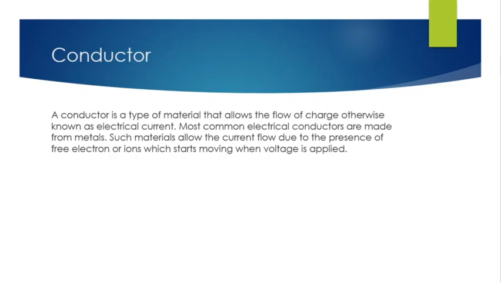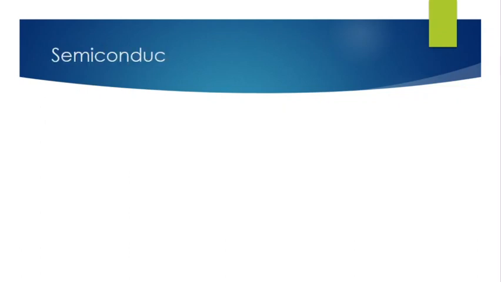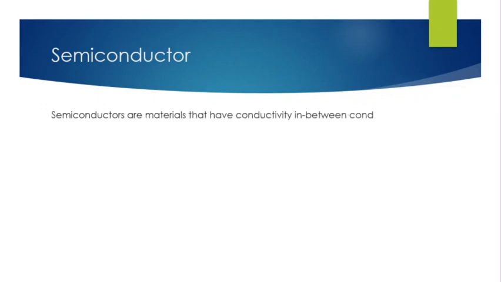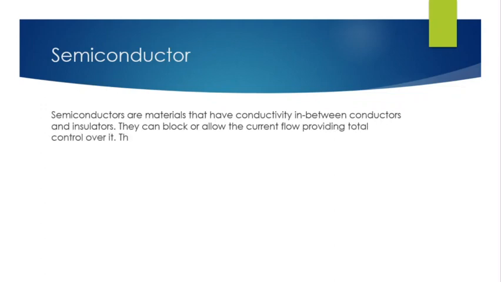Now come to our next term, semiconductor. Semiconductors are materials that have conductivity in between conductors and insulators. They can block or allow the current flow, providing total control over it. They are mostly modified by adding impurities, called doping.